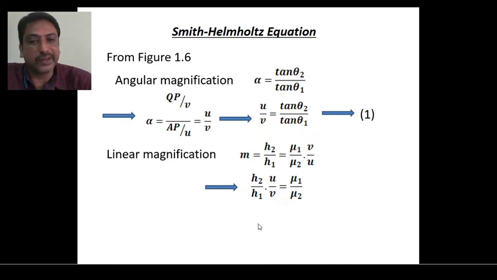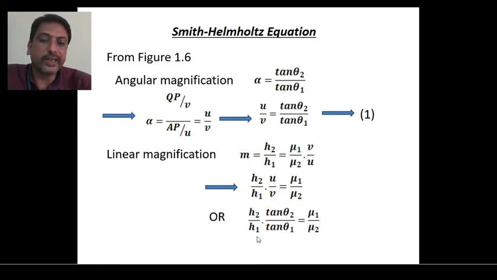Or I can also write it as H2 divided by H1, where I replace V by U by tan theta 2 divided by tan theta 1, which is equal to mu1 by mu2. So this is going to be considered as equation 2.